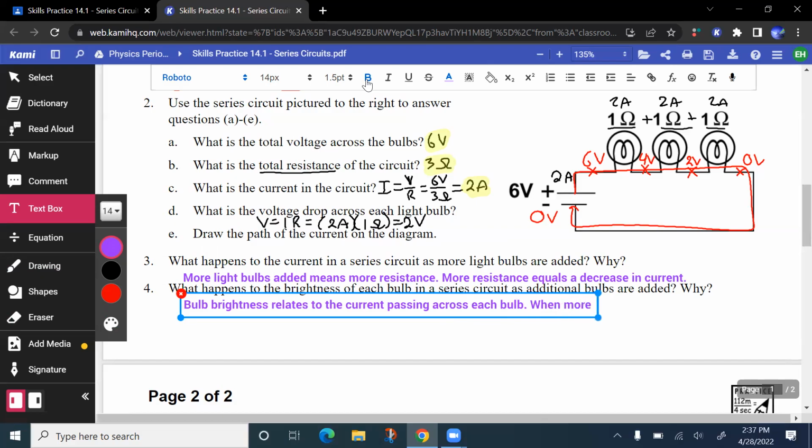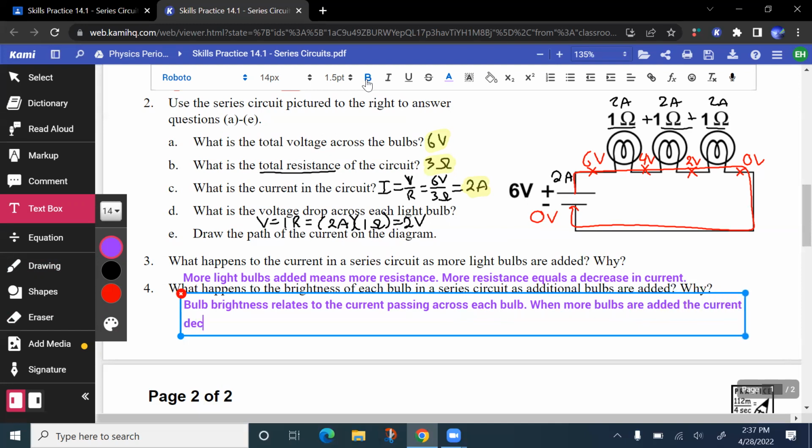When more bulbs are added, the current decreases. This means the bulbs will be dimmer.